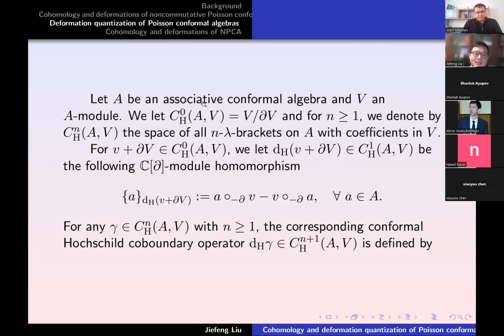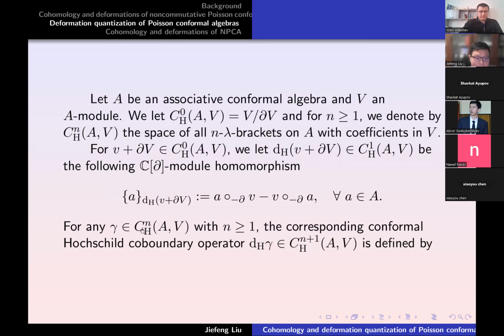Furthermore, let A be an associative conformal algebra and V a module. We let CH0(A,V) be V over partial V. And for n greater than or equal to 1, we denote by CHn the space of all n-lambda brackets on A with coefficients in V. For elements in CH0, the corresponding differential is defined by this formula.